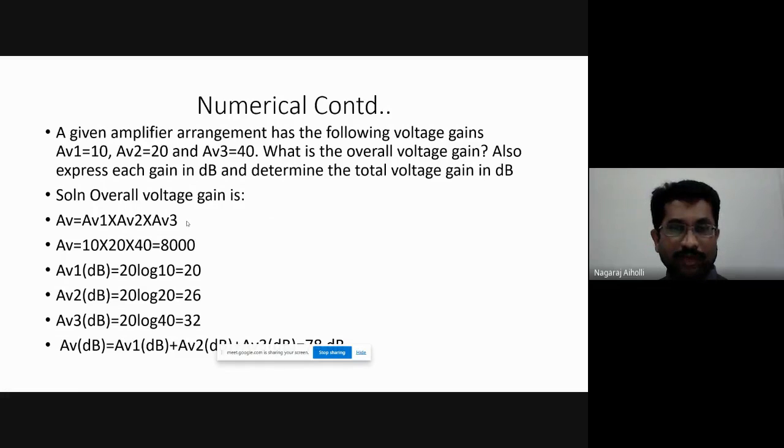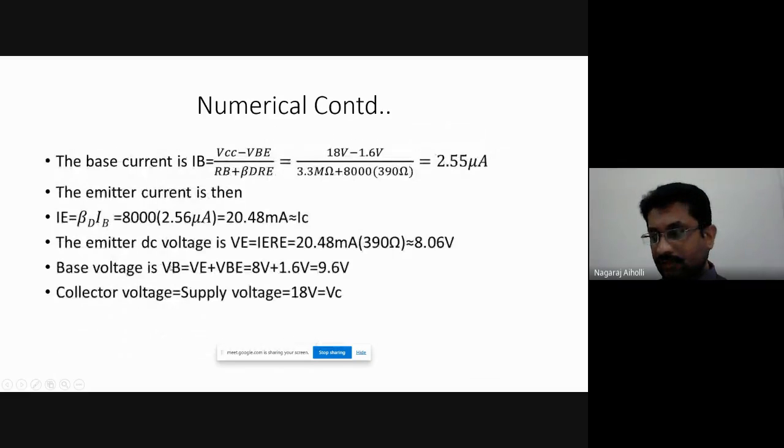The product of gains of individual stages will give the total voltage gain of the whole amplifier. That is, AV is equal to AV1, which is 10, into AV2, which is 20, into AV3, that is 40. Multiply them, 10 into 20 into 40. See how much you get.